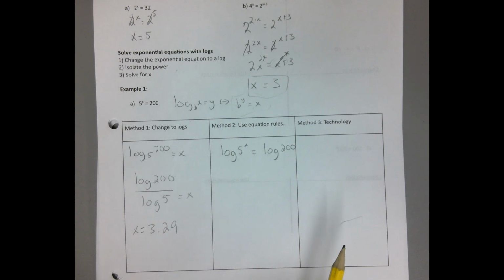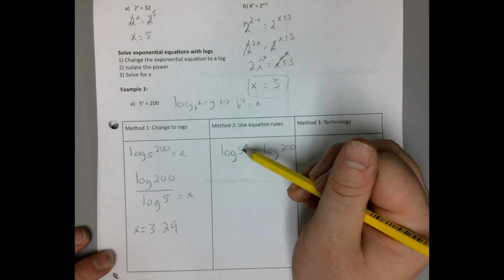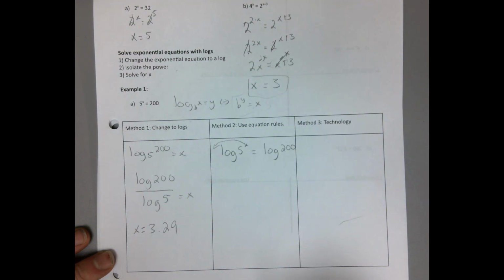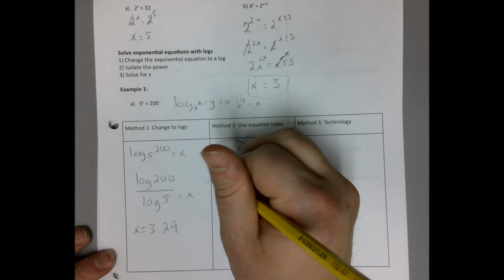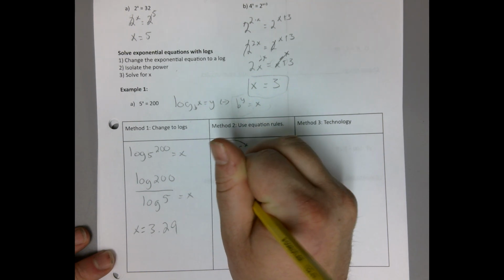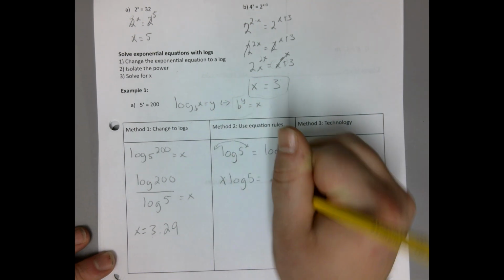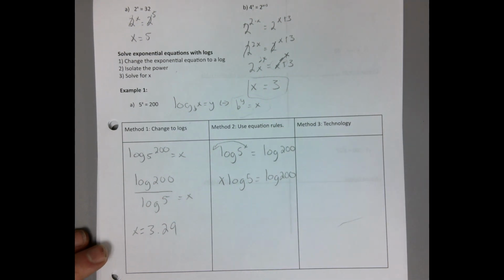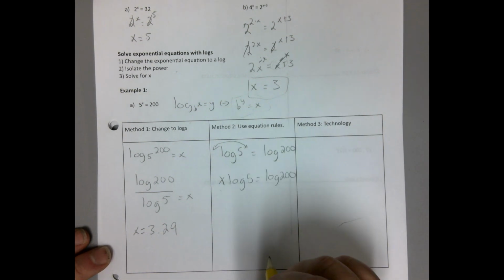Well, if you think back to our power rule from our logs, whenever we have a number to the power of something, I can take this and put it to the outside. So we end up having x log 5 is equal to log 200. Well, this means x times log 5. So how would I get rid of this log 5 here to isolate the x?